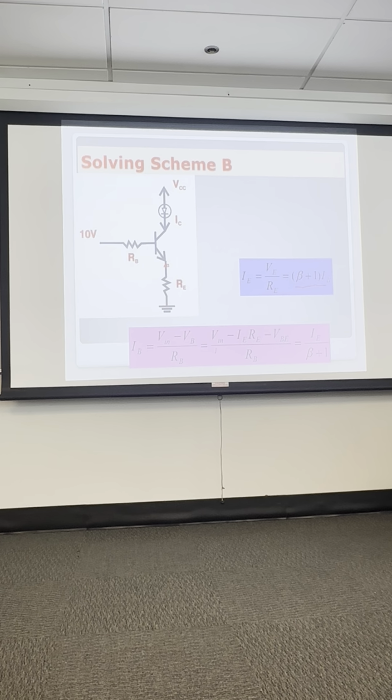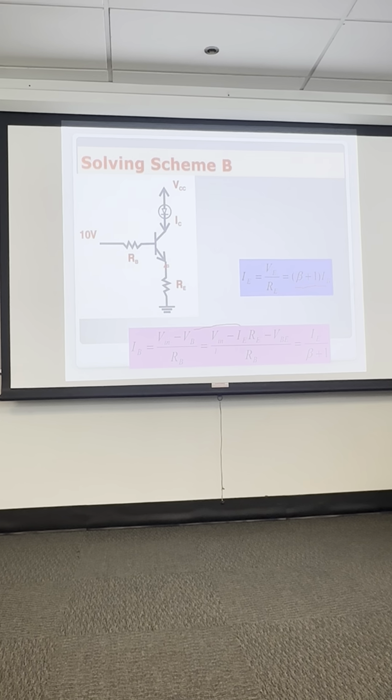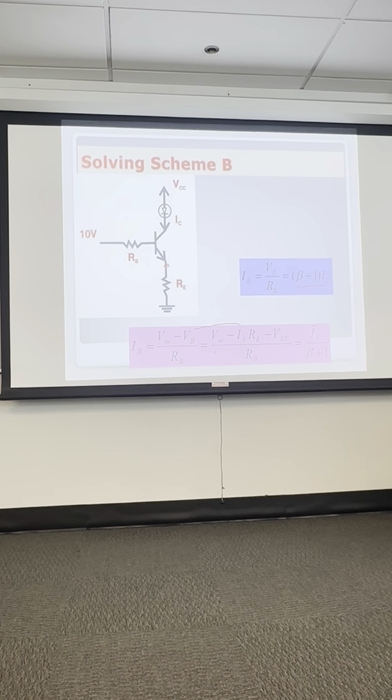And for V sub B now, we have I sub E RE plus 0.7 volts on the emitter. And what this converts into is I sub B is equal to I sub E over beta plus 1.